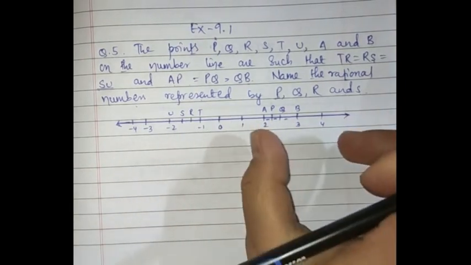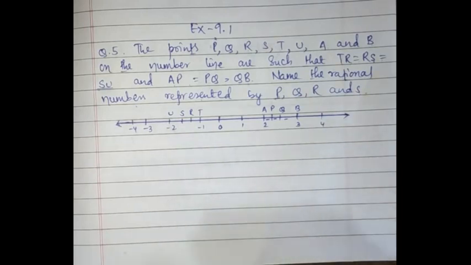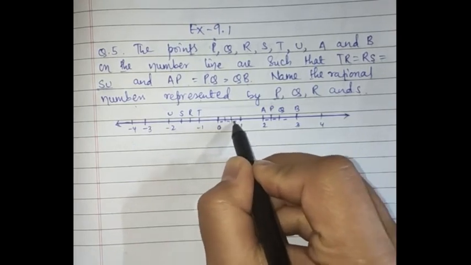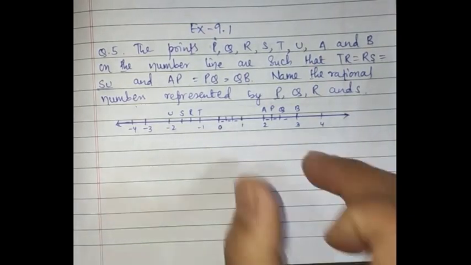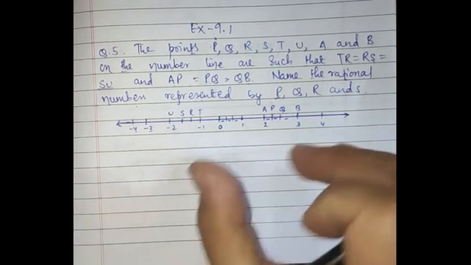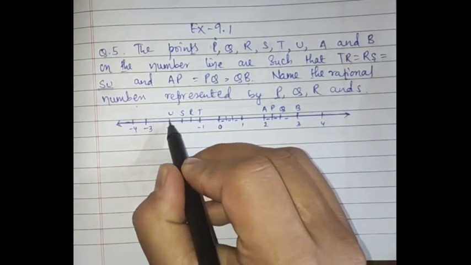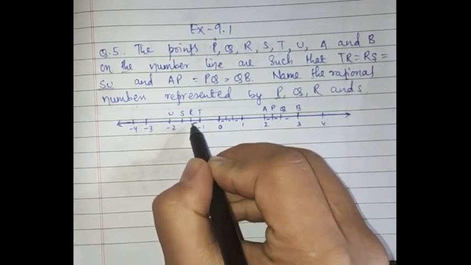Similarly, we will not go into the others. Just for the sake of convenience, 0 to 1 also has 3 parts, 1, 2, 3 parts, divided in each part of the number line. Okay, so from minus 1 to minus 2 also there are 3 parts.